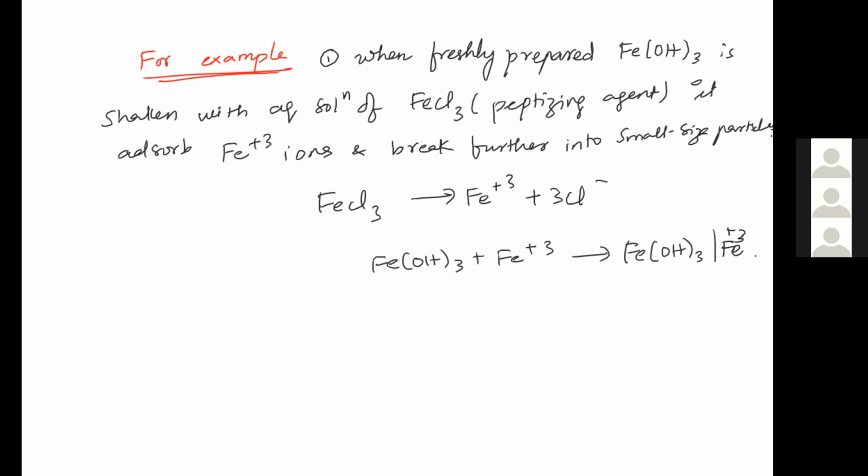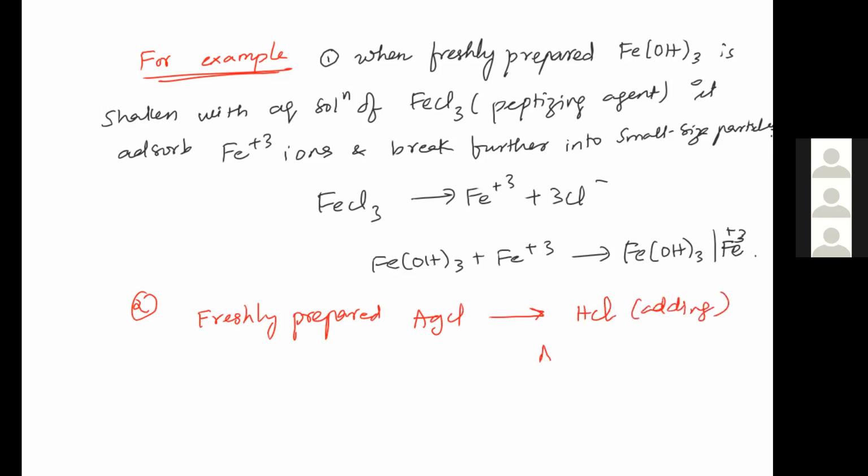Example. So many others are there. Freshly prepared AgCl can be converted into a colloid by adding HCl. We have AgCl and Cl minus colloid.